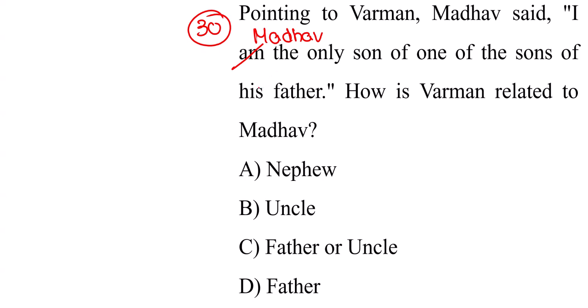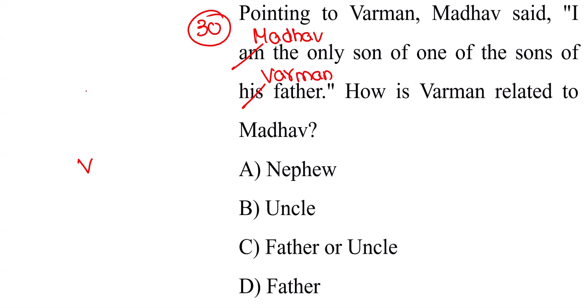So read that, pointing to Varman. His means here Varman. Pointing to Varman, here Varman. His means Varman. This is said by Madhav. So I am means Madhav. Madhav said this: Madhav, the only son of one of the sons of Varman's father.